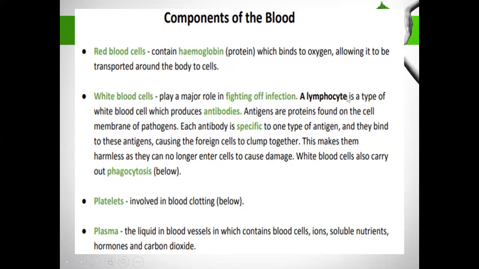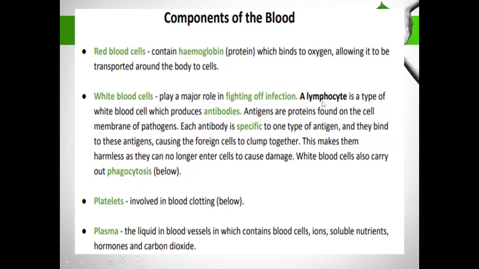Lymphocytes make the antibodies, and these antibodies trap the antigens of the germs and make an antigen-antibody complex. And this complex is engulfed by the phagocytic cell, which is another type of white blood cell. So by the joint efforts of lymphocytes and phagocytes, we get rid of disease.